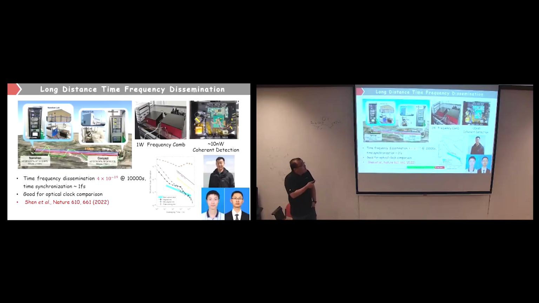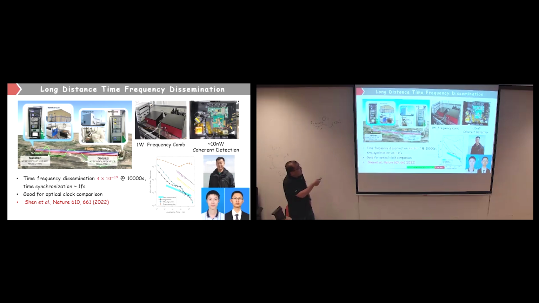And this is in the Xinjiang province. Here we use a frequency comb, with very good stability and a very good coherent detection here. And in the Xinjiang province of China, we choose about 100 kilometers of optical links.